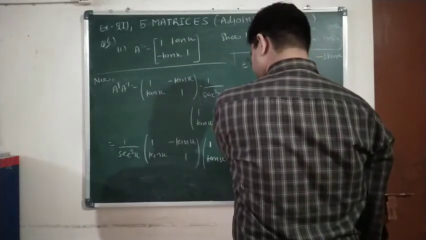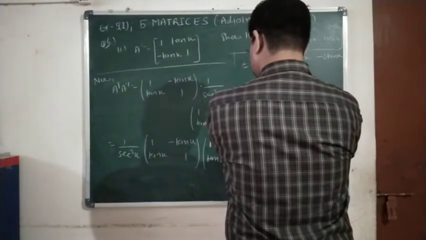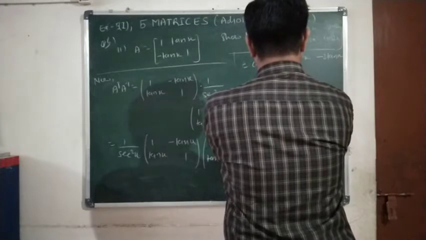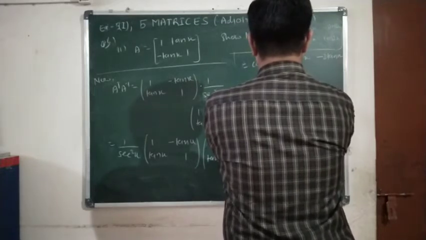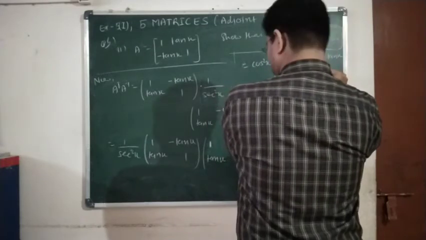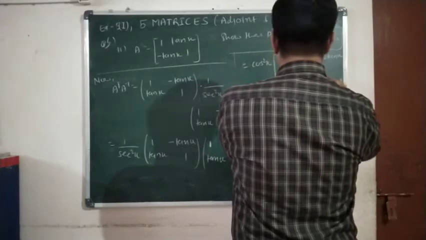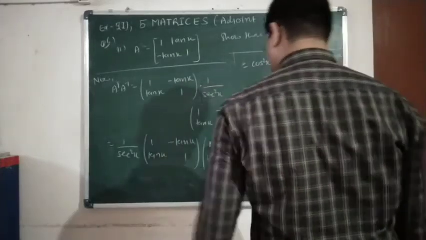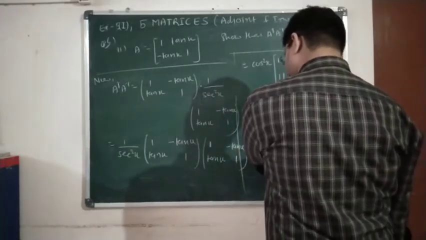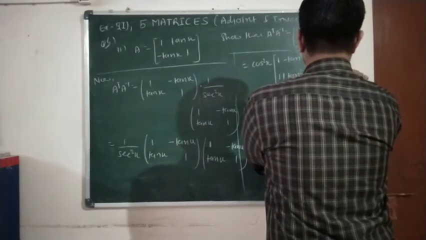Then again tan square x plus 1, or 1 plus tan square x, and over here tan x into minus tan x plus 1, or 1 minus tan square x.